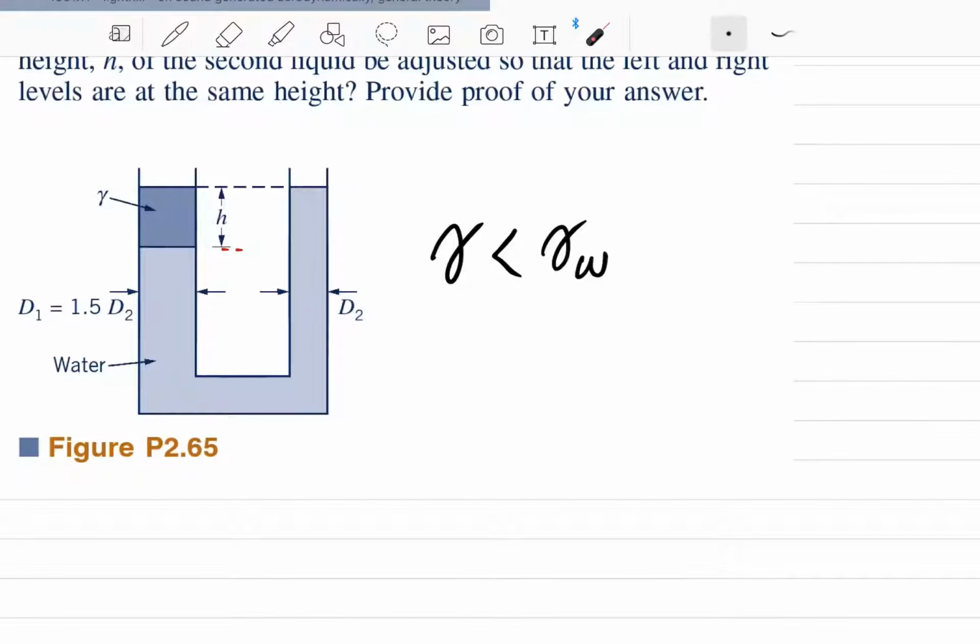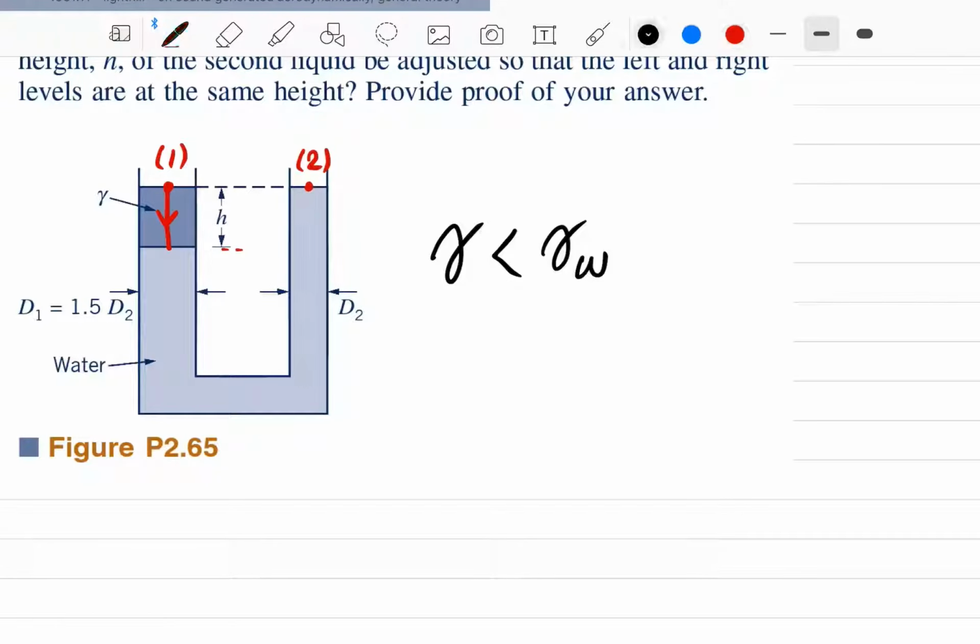Again, we have to write the manometer equation between 2 points where we know the pressure, or at least all of the variables between them. So here again we start at point 1, and we move towards point 2 until the fluid changes. So from here we have to move downward, and we need to stop there because the fluid changes.